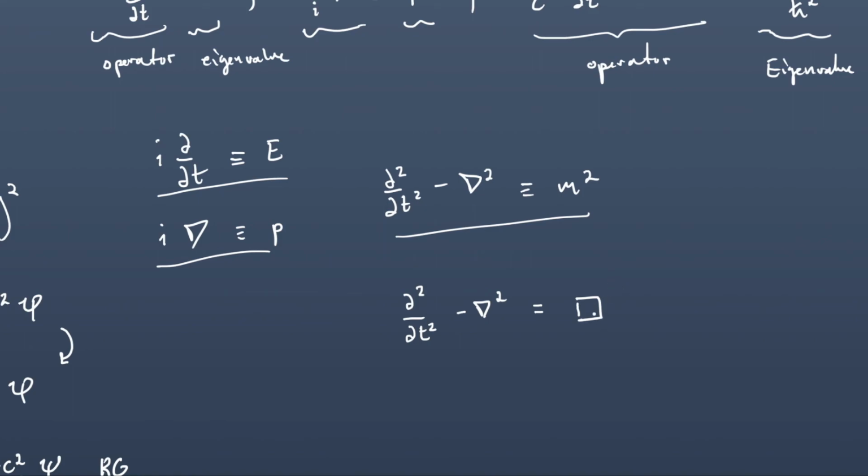This here is the D'Alembert operator. So we have this Laplacian, we have this time derivative, and we have this D'Alembert. And that is it for this video on quantum field theory.